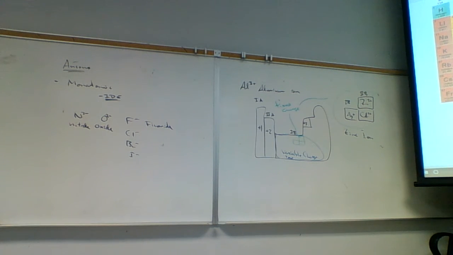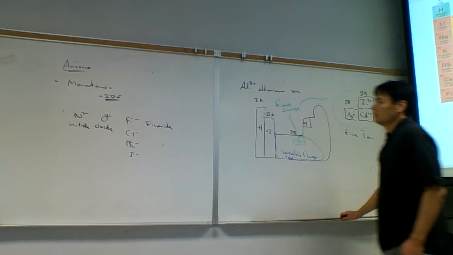What about sulfide? Well, what happens here is fluorine's -1, which gives it 10 electrons. Oxygen's -2, which gives it 10 electrons. Nitrogen's -3, which gives it 10 electrons. So they all want to get to 10 electrons. Chlorine's 17 electrons, it wants 1. Sulfur's 16 electrons, it wants 2. So we call it sulfide, S2 minus. Phosphorus is 15 electrons, it wants 3, so that's phosphide.